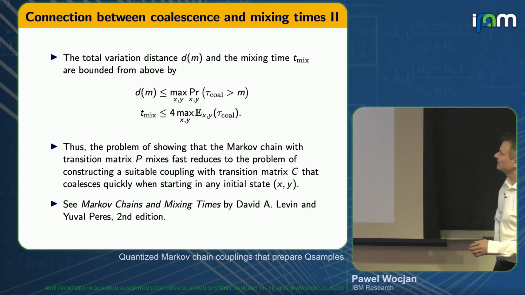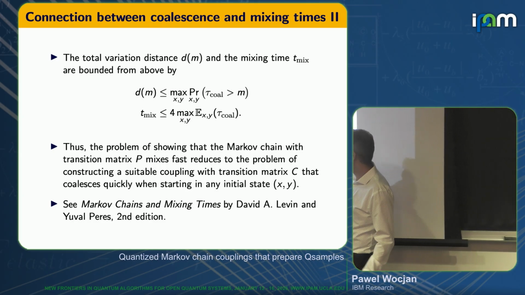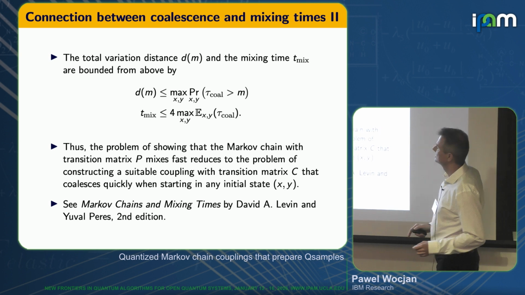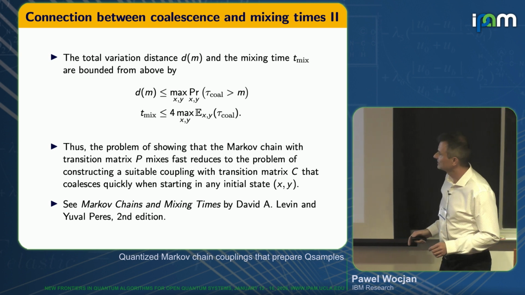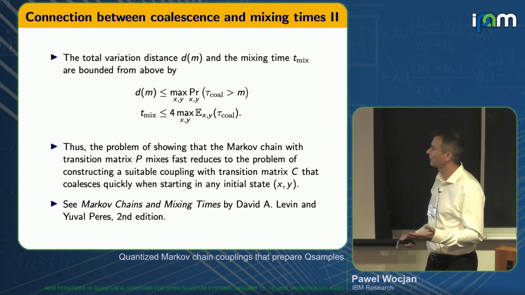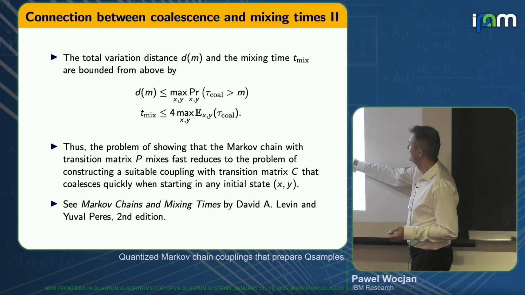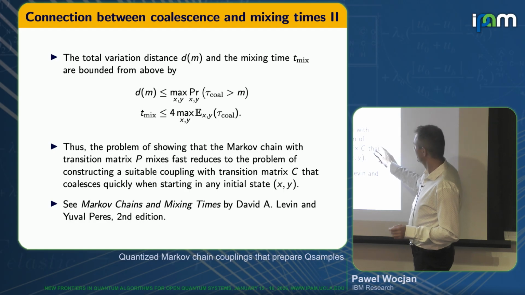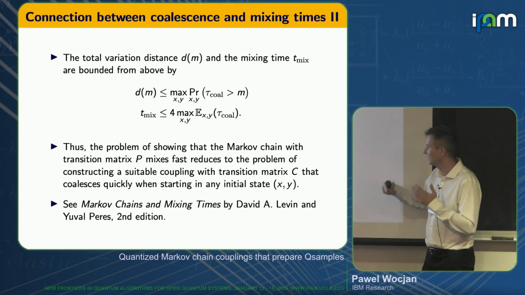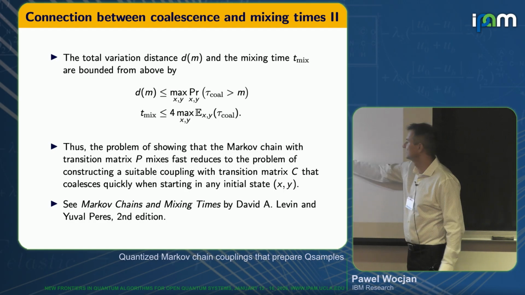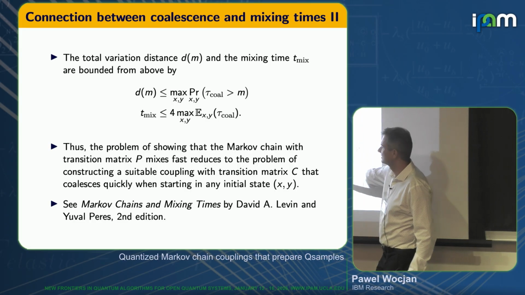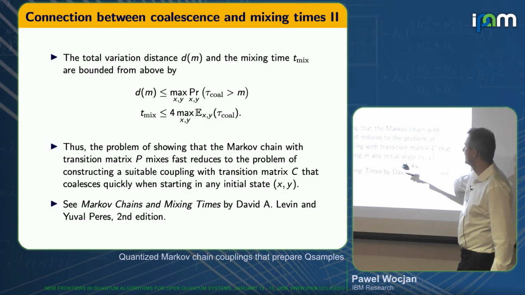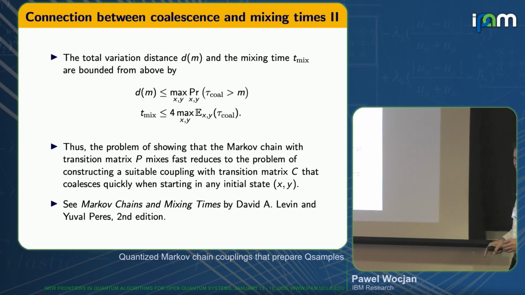But what's important is that the problem of showing that the Markov chain with transition matrix P mixes fast reduces to the problem of constructing a suitable coupling with transition matrix C, and then you have to show that this coupling coalesces quickly when starting in any initial state.